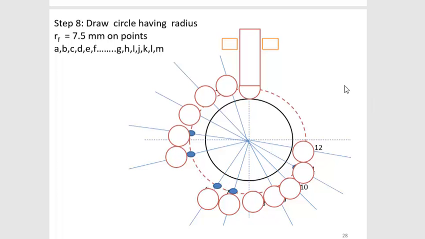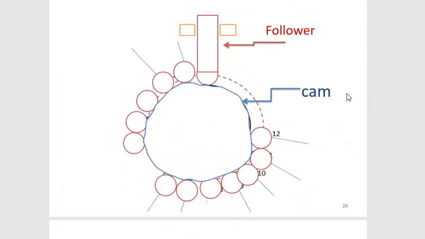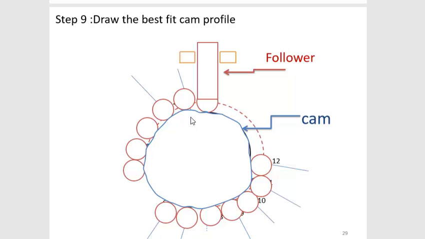So the next step is, using the curve, I will try to join all the bottommost points of these circles. At this particular point, the radius will not change. Whatever is constant at this point, the same radius will be at this point.